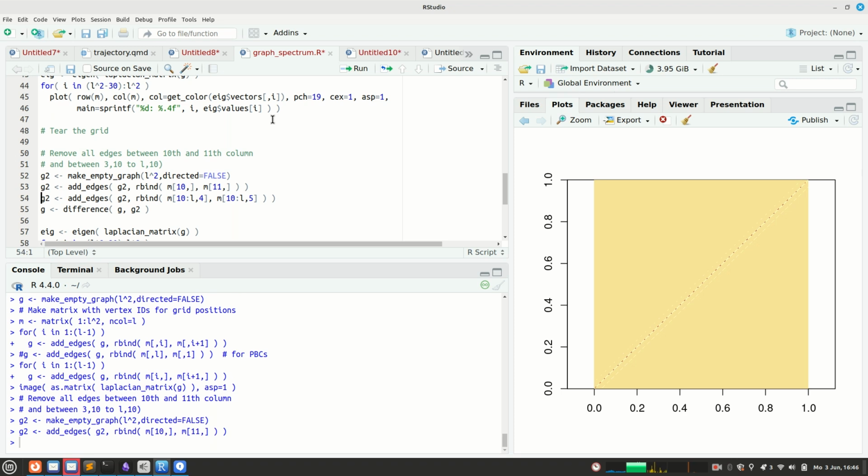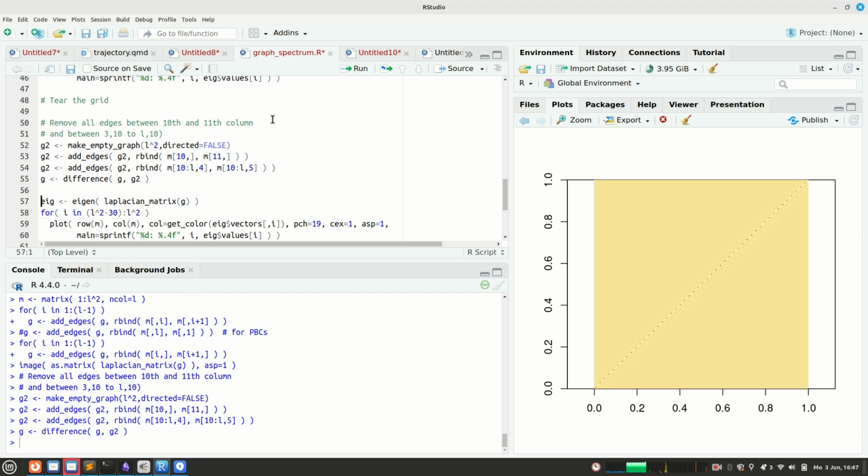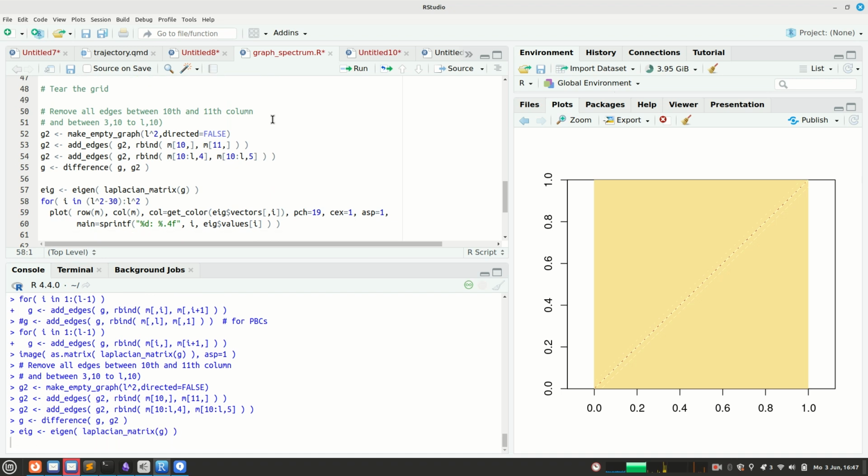So I remove all the edges between the 10th and the 11th row, and I remove the edges in the 10th row between 4 and 5. So I tear my grid now like this into 4 pieces by removing all the connections here, all these connections, and I remove all these connections by taking this set difference. And I recalculate my eigenvalues.